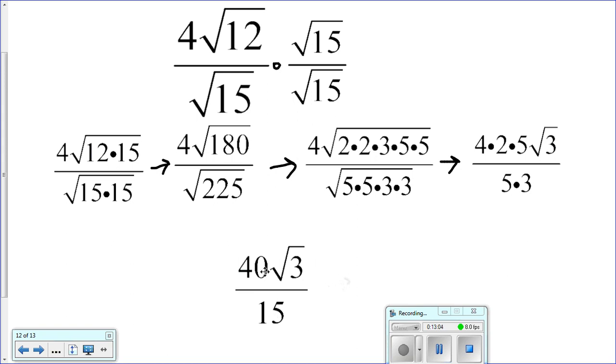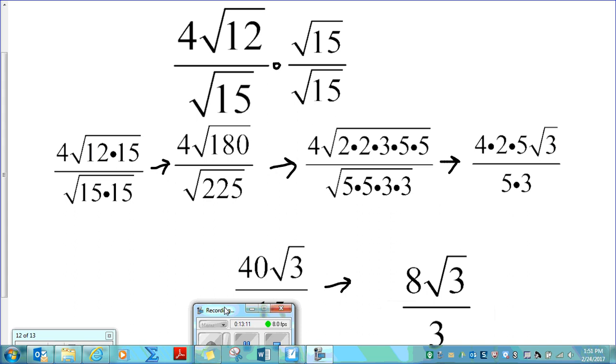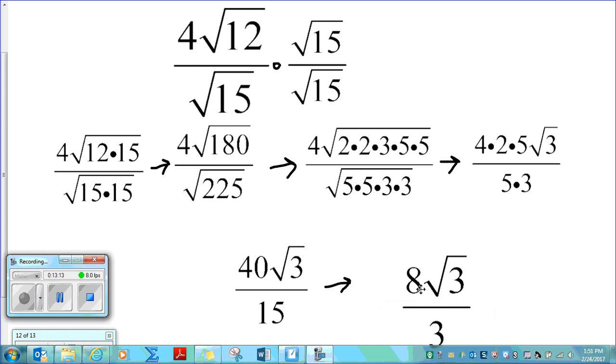But now we just need to simplify the fraction. 40 over 15 we can simplify. 40 and 15 have 5 in common, so we can divide both 40 and 15 by 5 and get 8 over 3, and then times the square root of 3. So that's what it would look like. And that's how we divide radicals. We can't do any more than that.